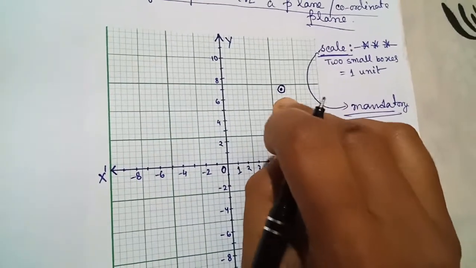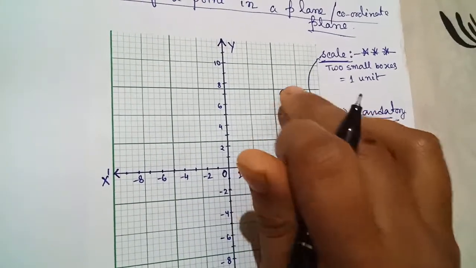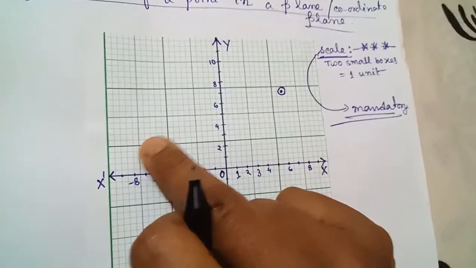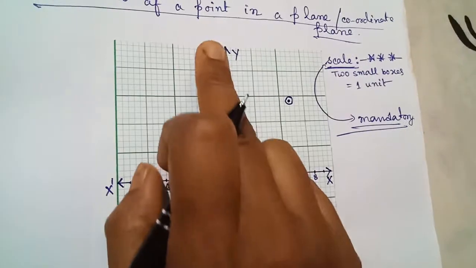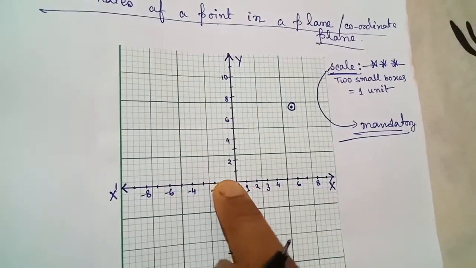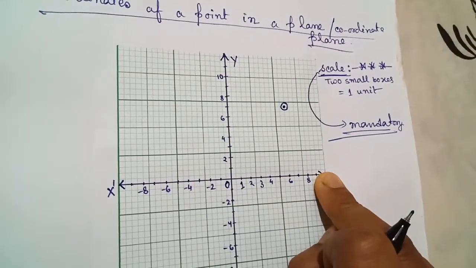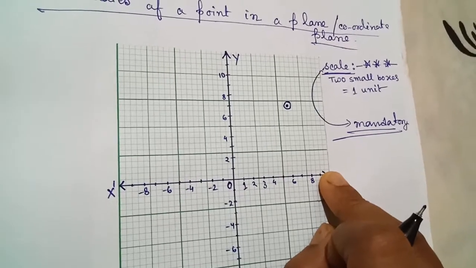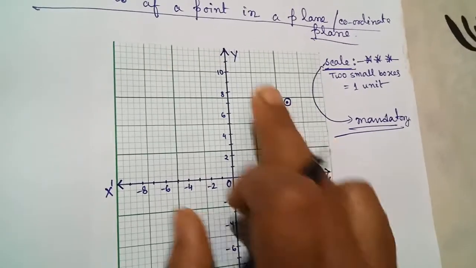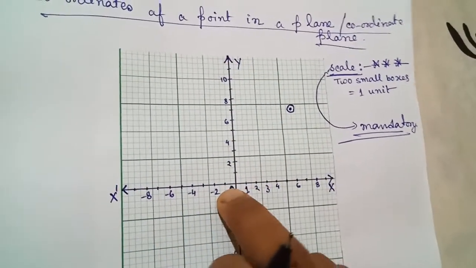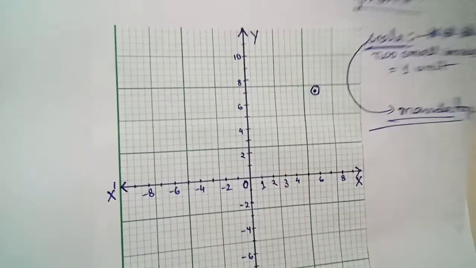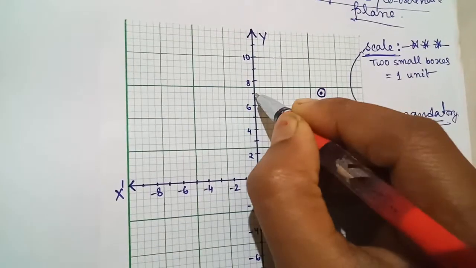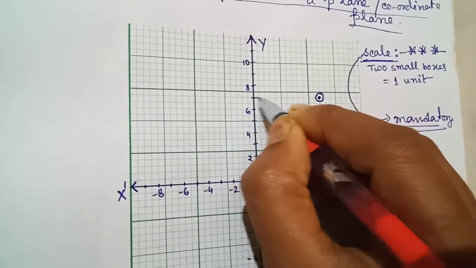Now how we will find out its position? Like in the previous class I told you have to take 2 axes. So here it is y-axis and x-axis. Okay, you have to find out the distances from y-axis and the distance from x-axis. So what we will do, I'm using another ink pen so that it will be properly visible to you.